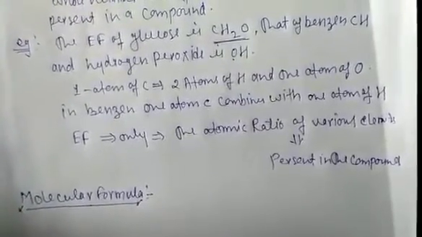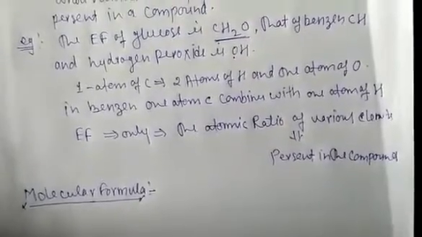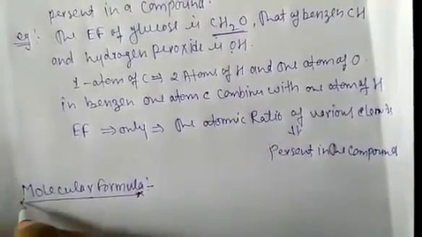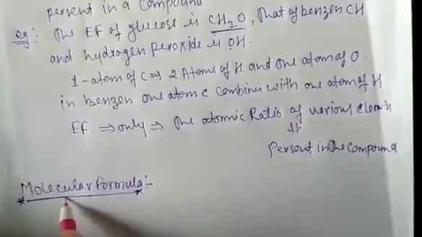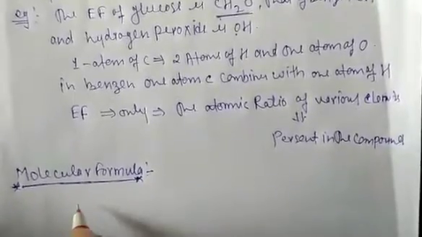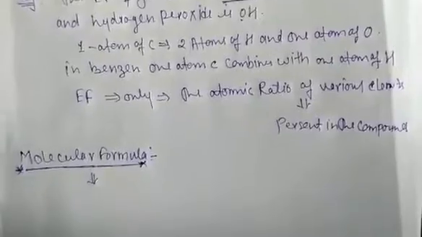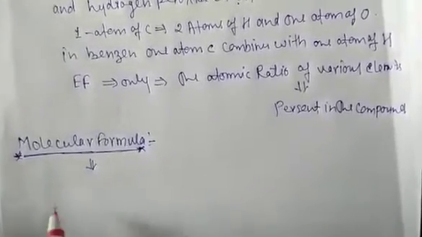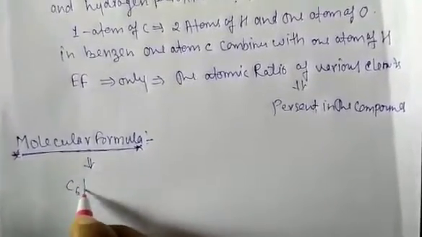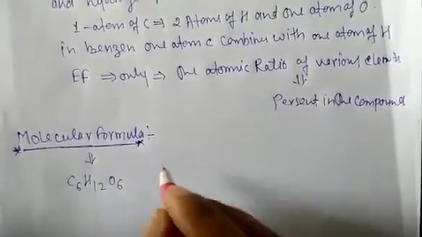Now, in molecular formula, the atoms represent exactly the number in the compound. It means if we write the molecular formula of glucose, it is found to be C6H12O6.